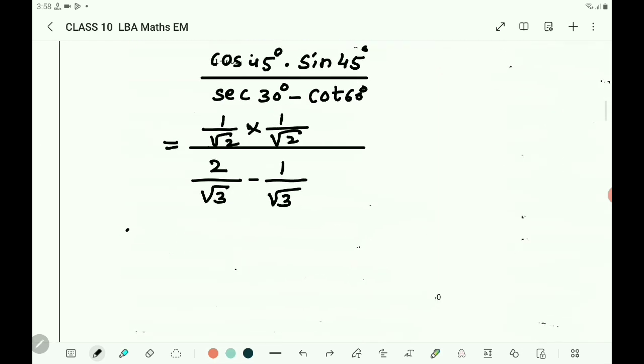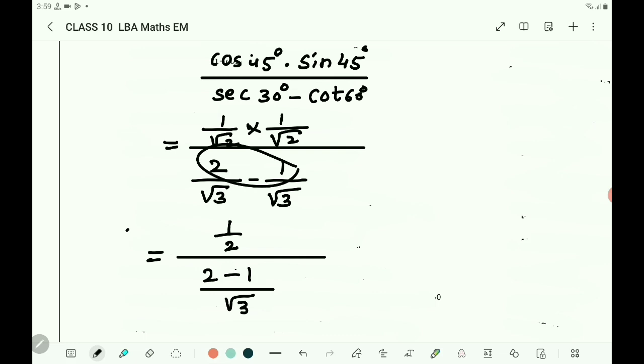Then you write equals 1 by root 2 into 1 by root 2 is 1 by 2. You know that 1 into 1 is 1, root 2 into root 2 is 2. Here both the fractions have the same denominator, take that as the LCM, and there is no change in the numerator. 2 remains 2 only, 1 remains 1 only.